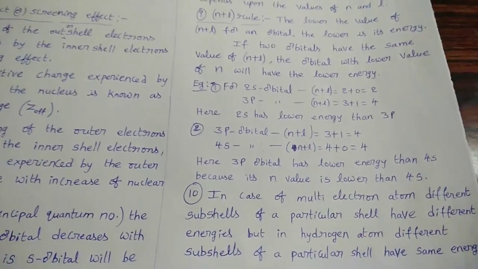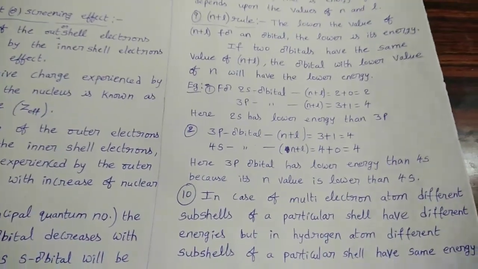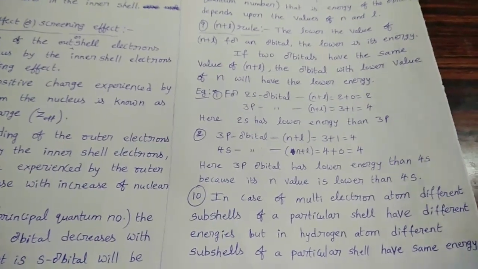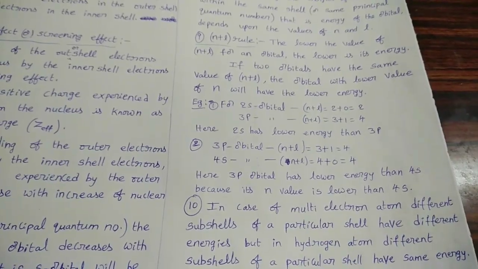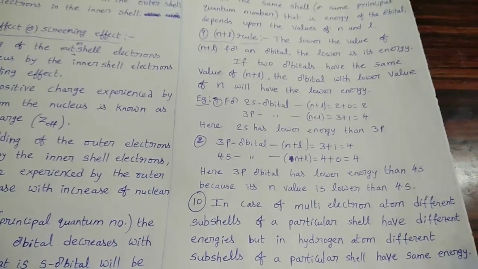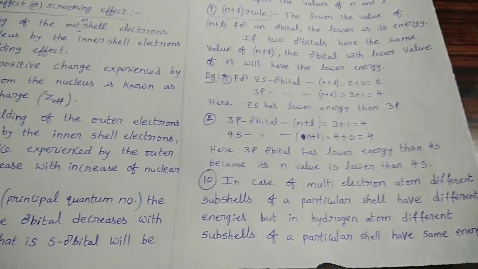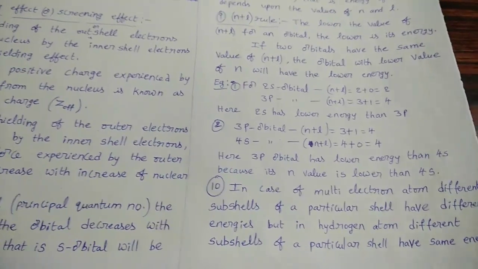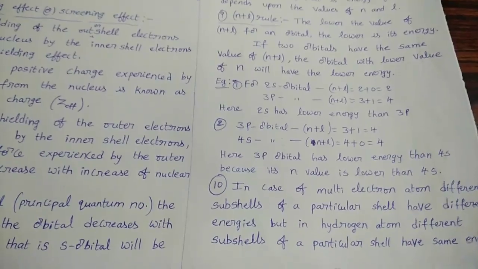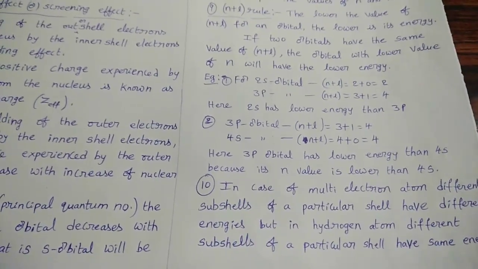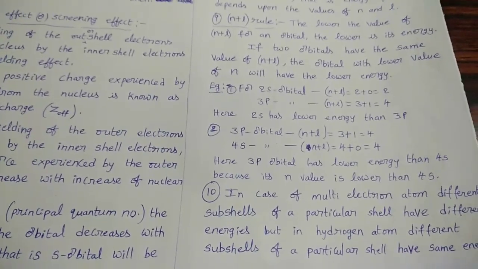In multi-electron atom, 2s energy is less, 2p energy is more. 3s energy is less, 3p energy is more. But in case of hydrogen atom, 2s and 2p are different subshells, but they have the same energy. 3s, 3p, 3d have the same energy.